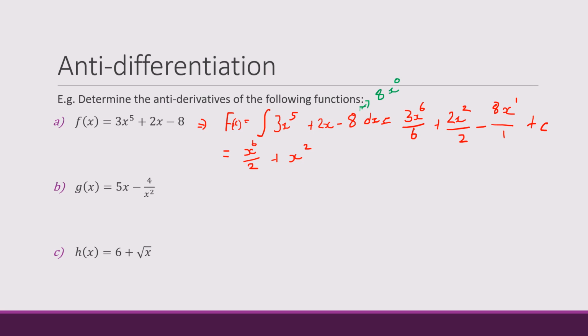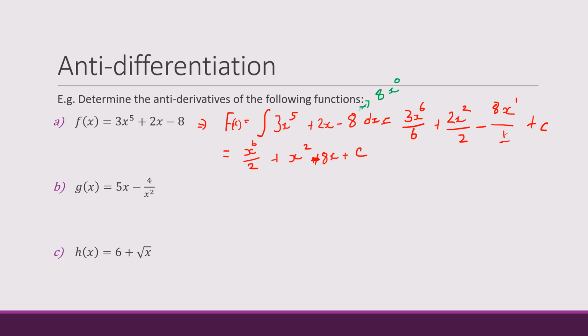We don't need a denominator of 1, so that'll be minus 8x plus c. Sorry, that should be a minus 8x there. My bad. So there's just our power rule. Add 1 to the power, divide by the new power, and then simplify as you go. If you have a constant, just add an x onto it is the simplest way you can think about it, or you can apply the rule.